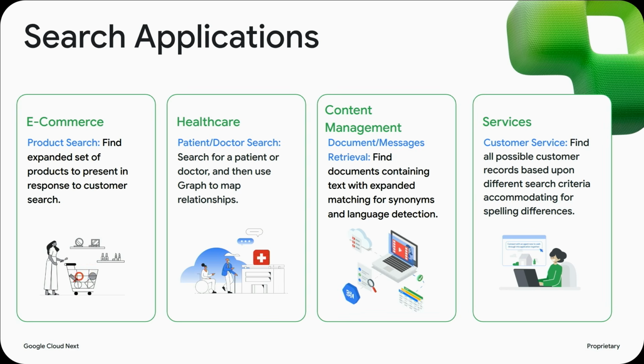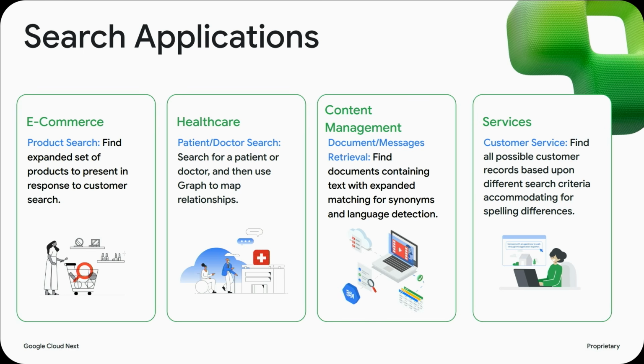The next one is content management. The Google Drive example is in this category, where you would want to search the content of documents using text, or you might want to use AI to understand the meaning of the content in the document and then search based on that. Or you might want to do a combination, actually merge the two techniques for different types of results.